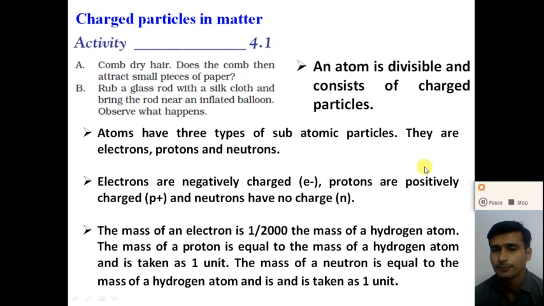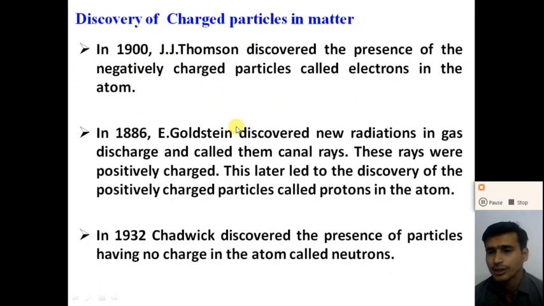From there, the first scientist who proposed the structure of the atom was J J Thomson. But before J J Thomson's model of the atom, we will discuss some discoveries of the charged particles in matter.